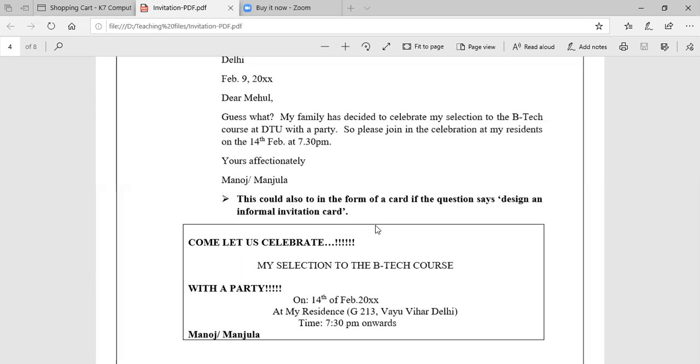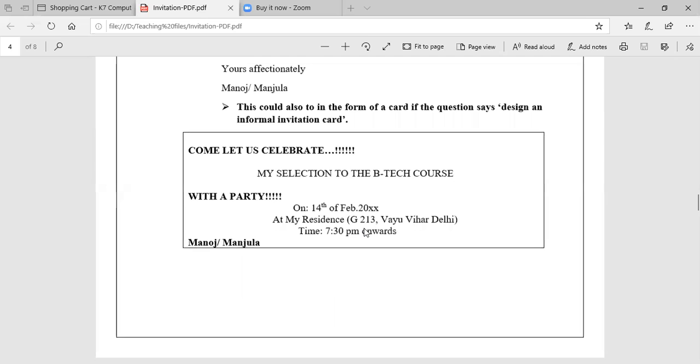Then you can just prepare a framework. You can also prepare a box. Then you can write, come, let us celebrate. Then you can go for other details like my selection to the BTech course with the party, that particular date, and then day and year and particular venue. Then timing also. You can mention the sender's name. That's all. Simple. You will get 3 marks.